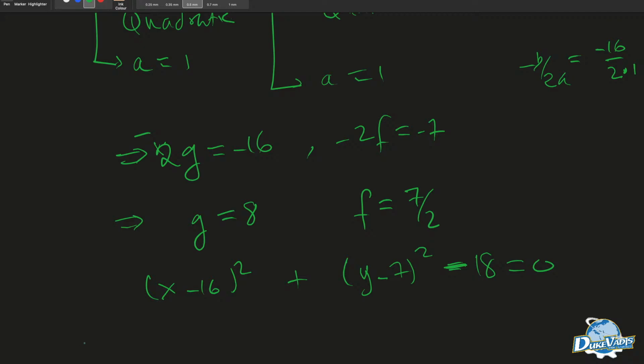So we are going to have x squared minus 32x, then 16 times 16, 16 times 16.